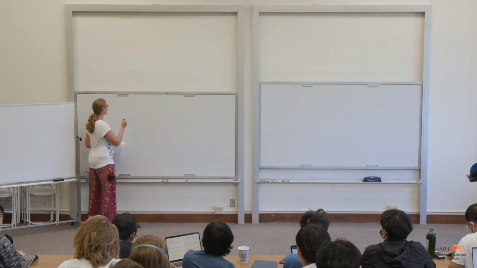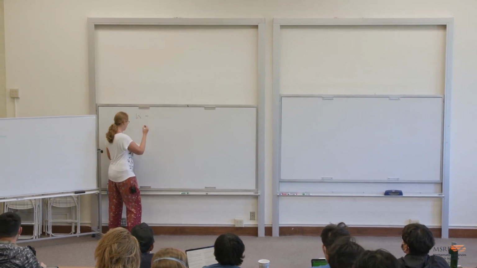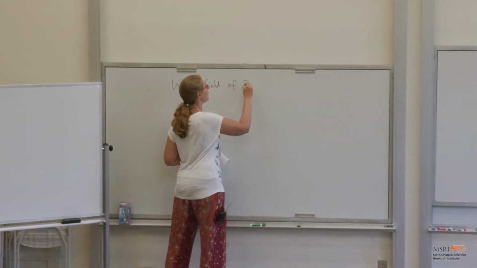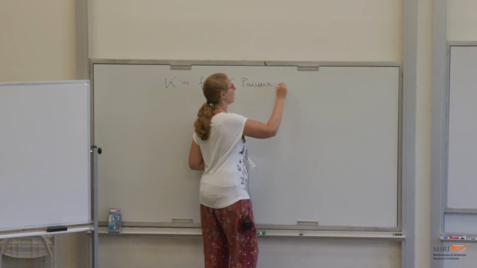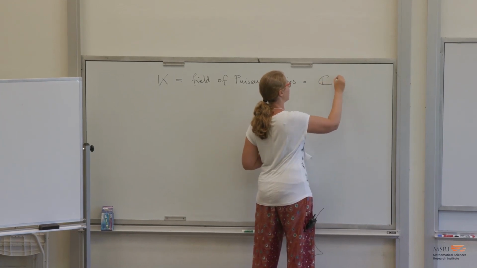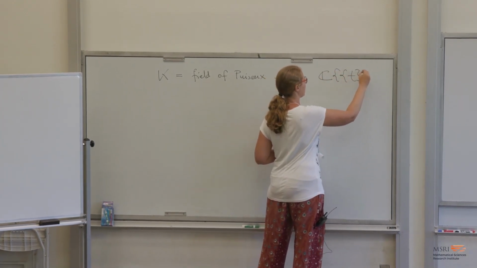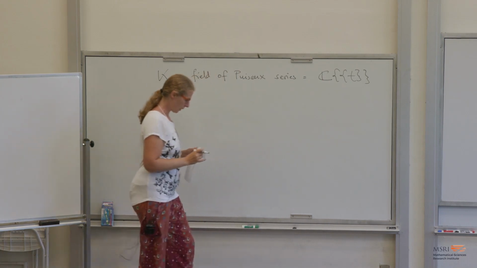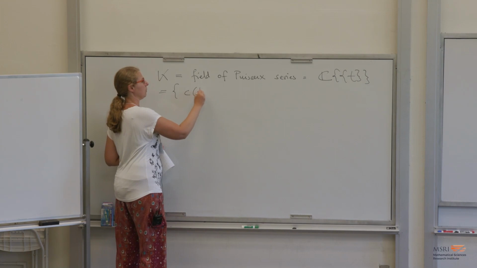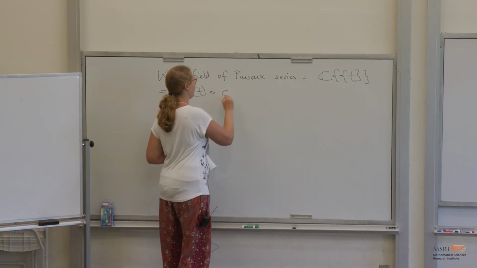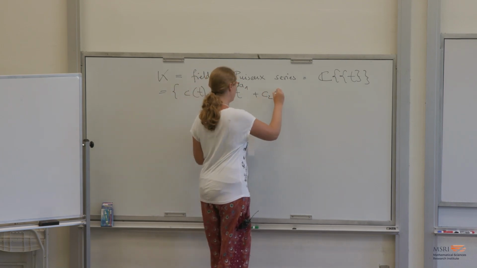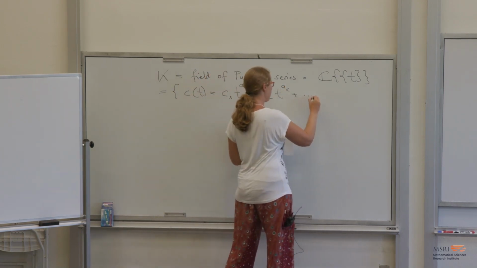And to be really super precise, I'll fix my field to be the field of Puiseux series. So let me say over C. For simplicity, it could also be over some other field. And you write it with such double brackets in T. And what it contains are, well, formal series, of course: c1 t to the a1 plus c2 t to the a2 plus, and so on.